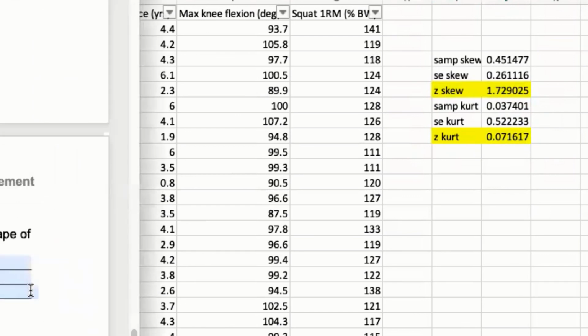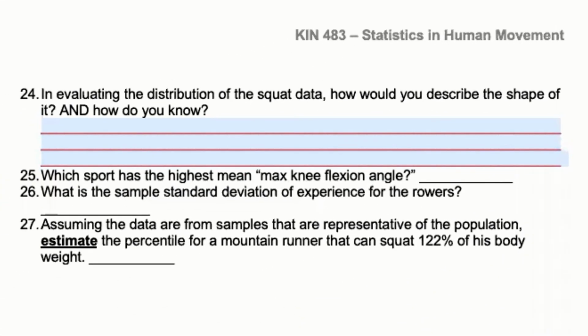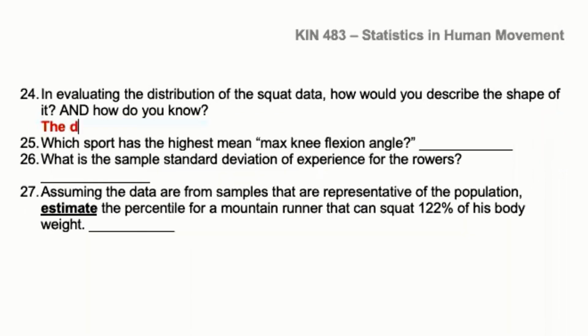So in this case, what do you guys think? What is our shape? Normal. Yeah. Okay, so we would say data are relatively normally distributed.